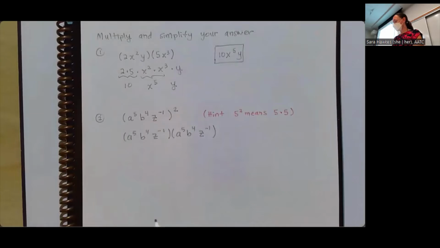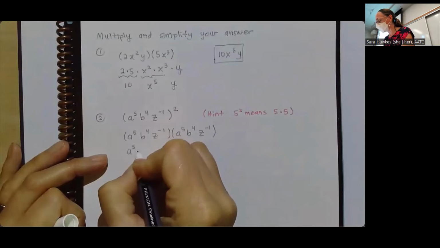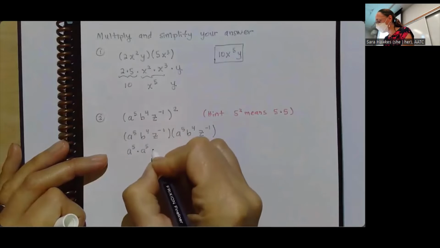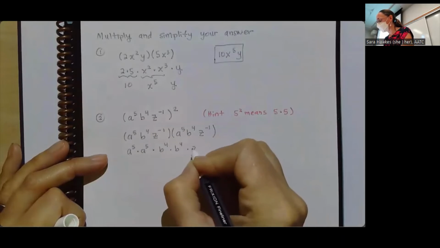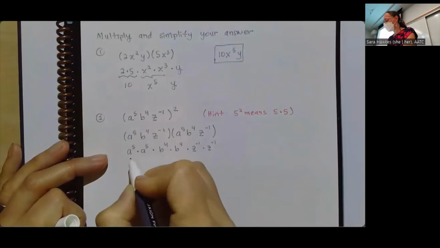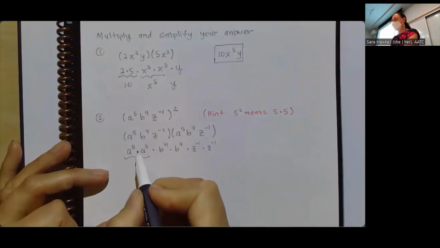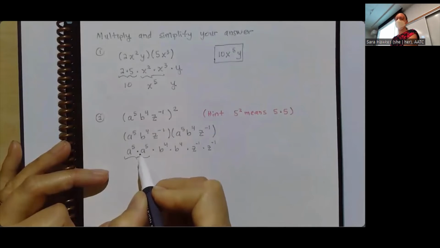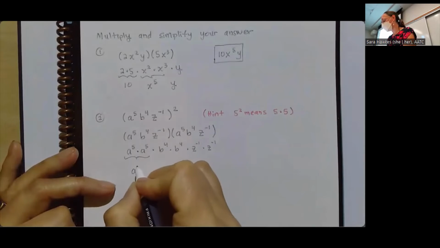And if I do the slow motion thing and I collect things together, I'll have a to the 5th times a to the 5th, and then b to the 4th times b to the 4th, and then z to the -1 times z to the -1. If I collect those a's together, I'm multiplying 2 things with the same base, so I add those exponents, and I end up with a to the 10th.